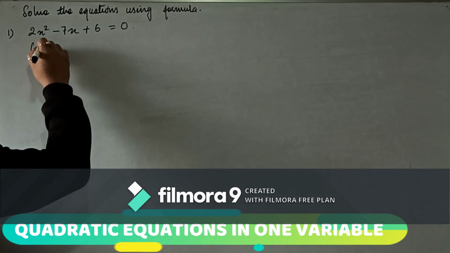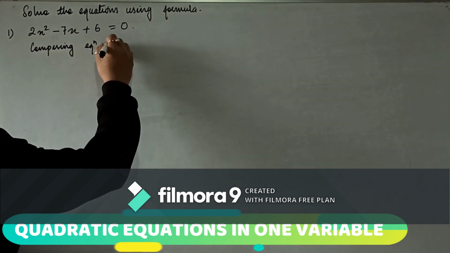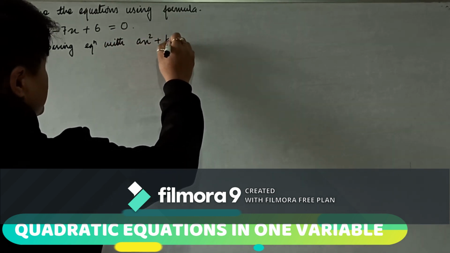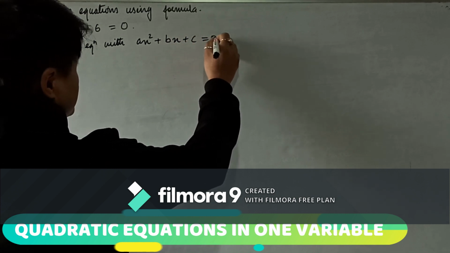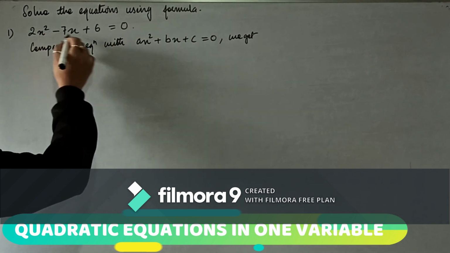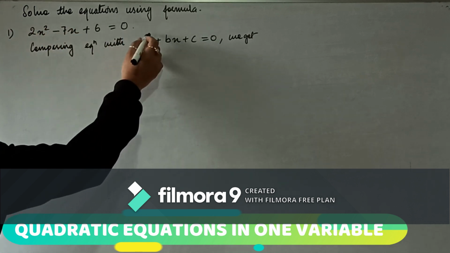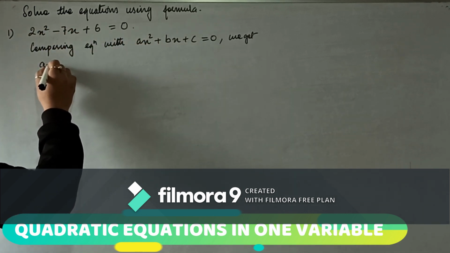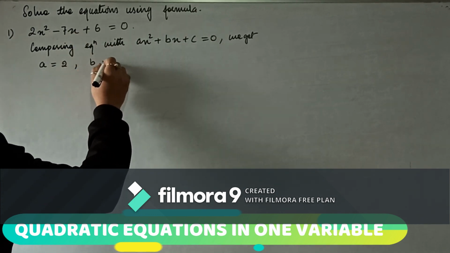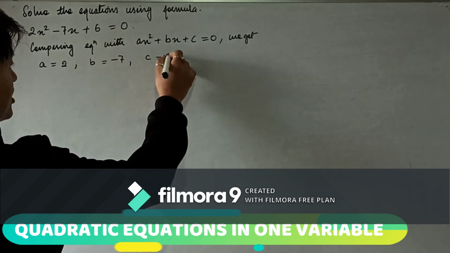Comparing the equation with ax² + bx + c = 0, we get: in place of a, we just write the coefficient of x², so a = 2, in place of b it is −7, and in place of c, the constant term, it is 6.